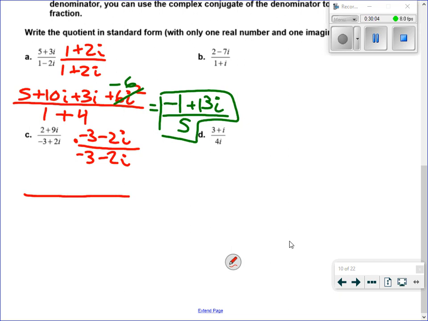So looking at our numerator, foiling it through, we'd have negative 6 minus 4i minus 27i, and then minus 18i squared, all over 9 plus 4. How do we get 27? 9i times negative 3.